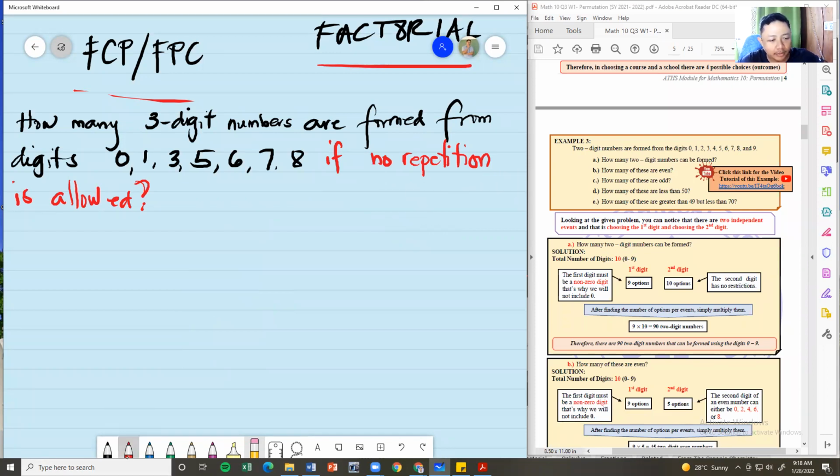Okay? So how is that? Again, let's put these 3 blanks where we will be putting the digits per place value. This is for the hundreds, tens, ones. Having in mind, no repetition should be done. Ready? For our hundreds place, how many digits can we put in the hundreds place?